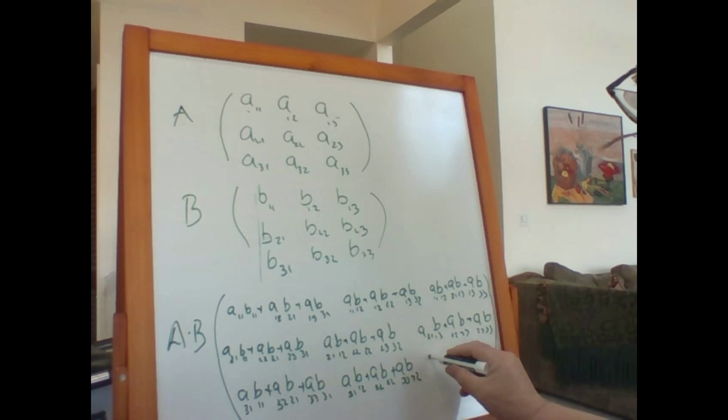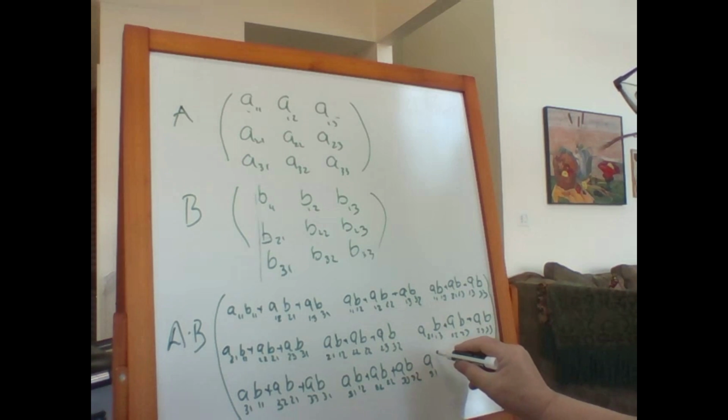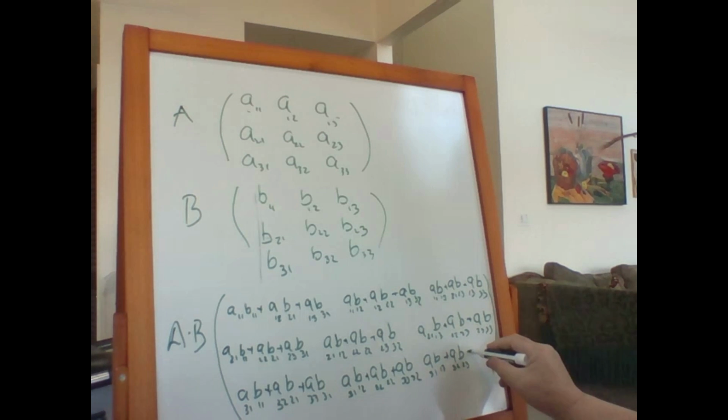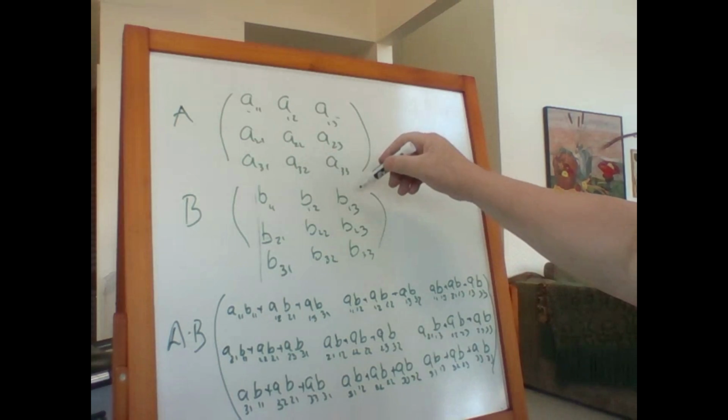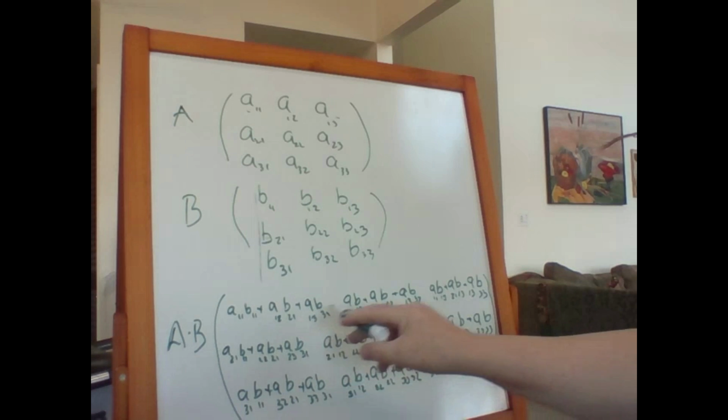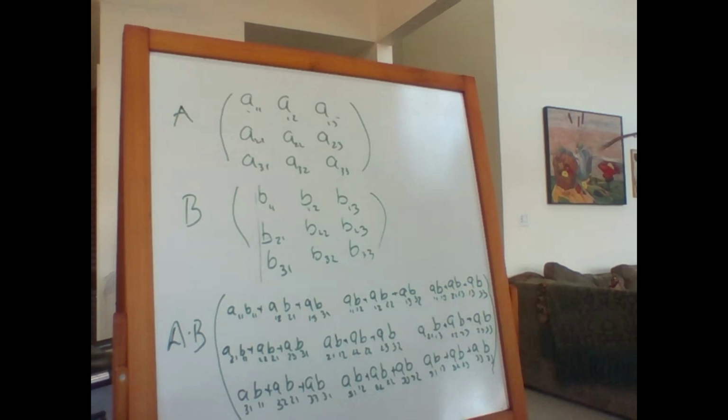And lastly, A3,1 B1,3 plus A3,2 B2,3 and lastly A3,3 B3,3. So that and that. All right, and that's your resulting multiplication. That's when you multiply two matrices together.